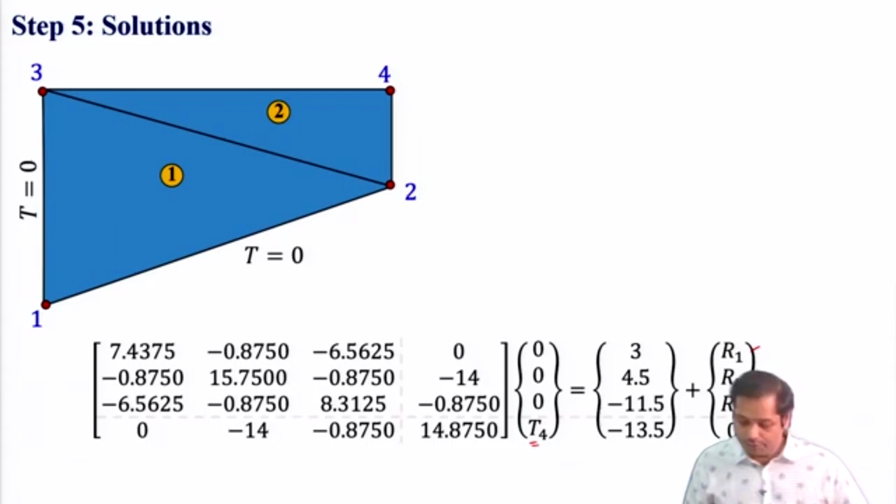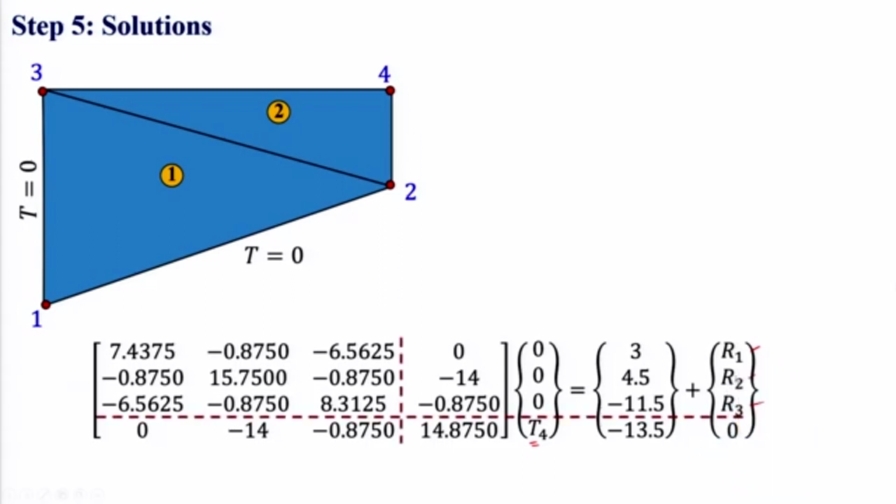And then this condensed equation we need to solve to get the unknown variable. So if you do this exercise, this will be our condensed equation. This is how we can get the condensed equations. Only one unknown is T4, and the last equation will give us T4. If we substitute T4, it will be this. This is T4, right?